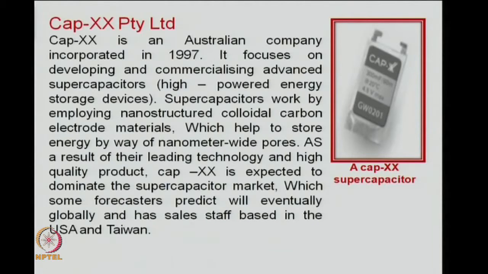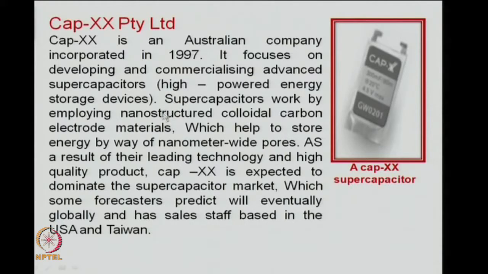There is another application for which a company has come out with a product. This is a supercapacitor. A supercapacitor is something which can store a very large amount of energy. Compared to a normal battery, a supercapacitor can store much more energy, and so these are important materials and these are important products, and they use carbon based nanomaterials, nanostructured materials.